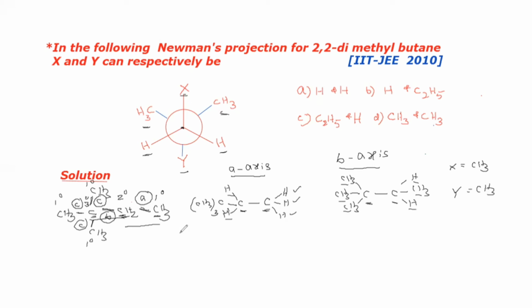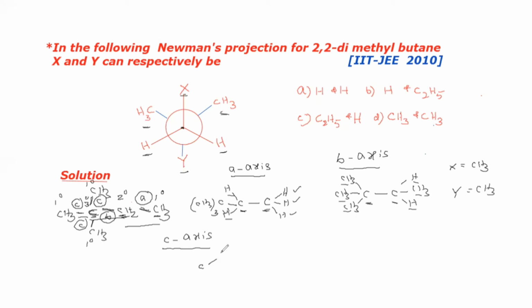Similarly, consider C axis. On C axis, on this carbon, groups are methyl, methyl and ethyl.